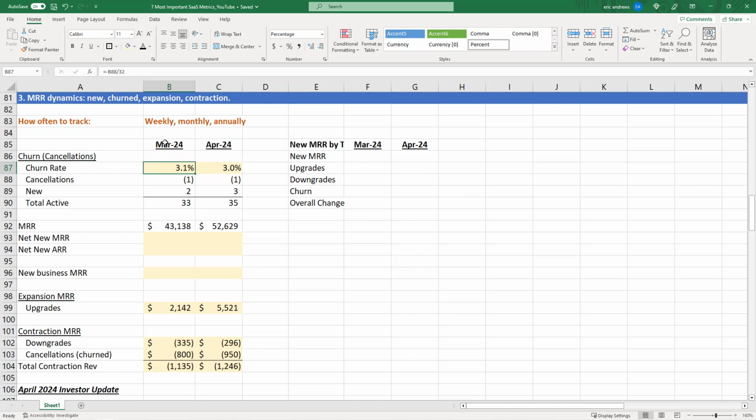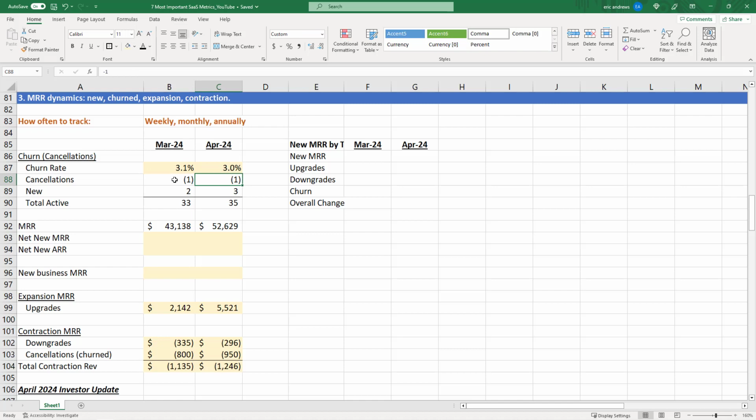In March, we had 1 cancellation and we brought on 2 new accounts, and by the end of the month, our total active accounts were 33. The churn rate was 3.1%. That's 1 cancellation, and the total active accounts at the end of February was 32. So 1 divided by 32 is the 3.1% churn rate.